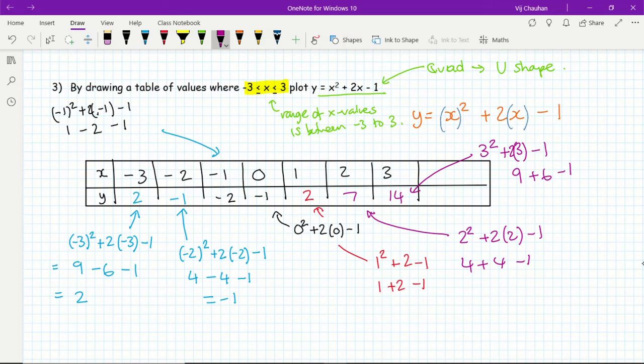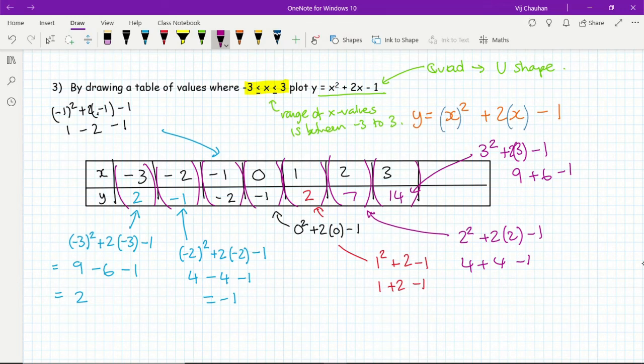So there is my table of values. Now I'm not too sure whether I've done this correct. The only way I can do that is if I actually go on and plot it. So again, what I'm going to do is convert these into coordinates, and then we go about plotting it.